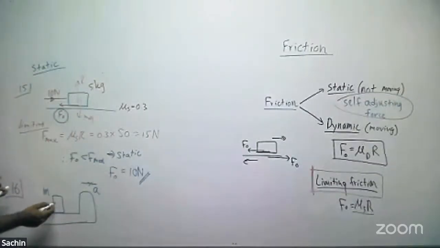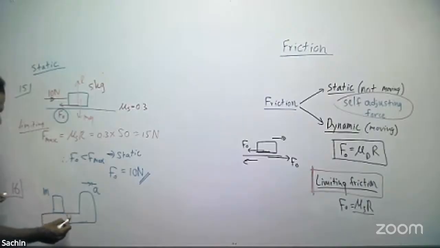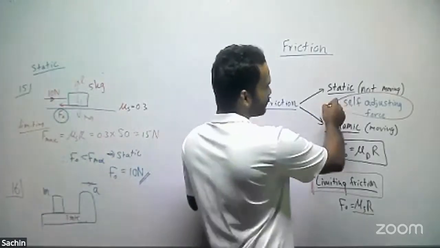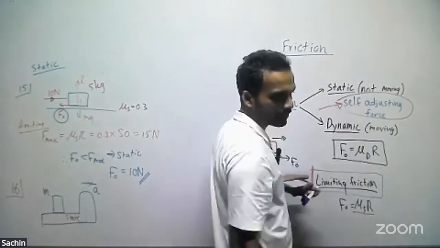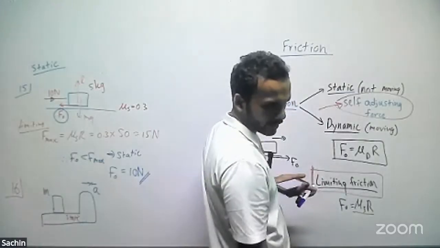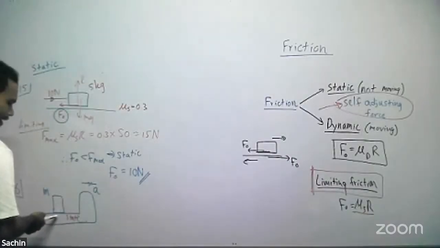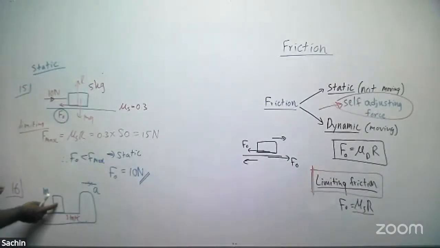That means it is a static condition. If the friction is static, then it works as a self-adjusting force. Its value depends on what is needed. So what must happen to keep it stationary with respect to the bed?